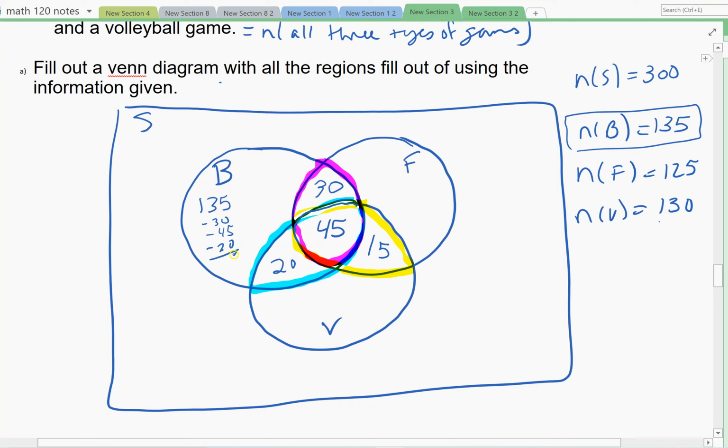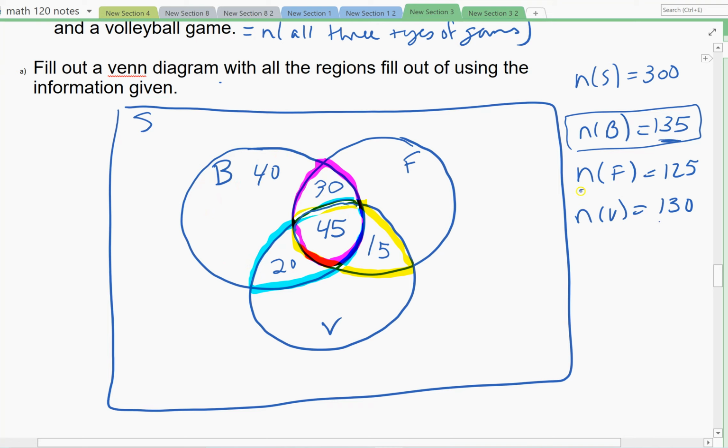So 135 minus 30 minus 45 minus 20 leaves me with 40. 40 people went to just basketball games, right? And again, this circle should be all of the people who went to basketball. If you add it up, that adds up to 135.